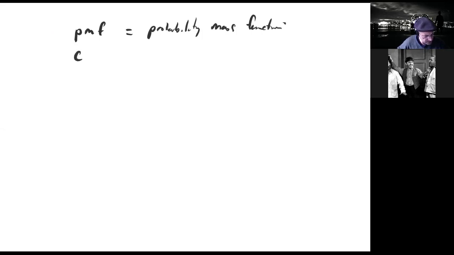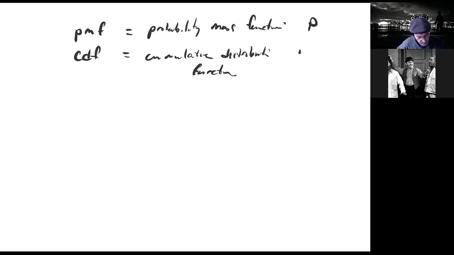And we have CDF, which is the cumulative distribution function, and it's F sub X. And sometimes if F sub X is understood, we write just F. We just get rid of the subscript. Okay, so we have the PMF and the CDF.